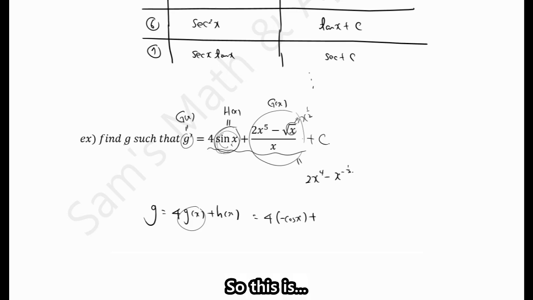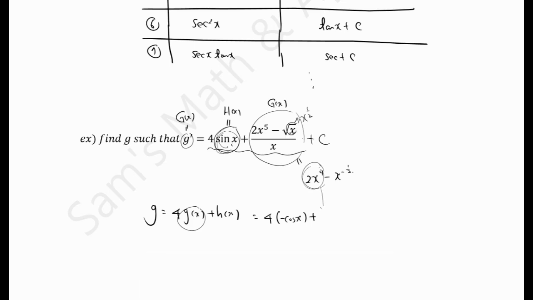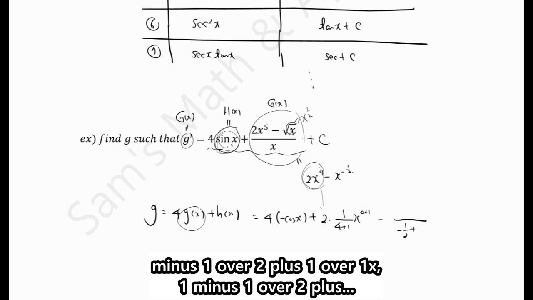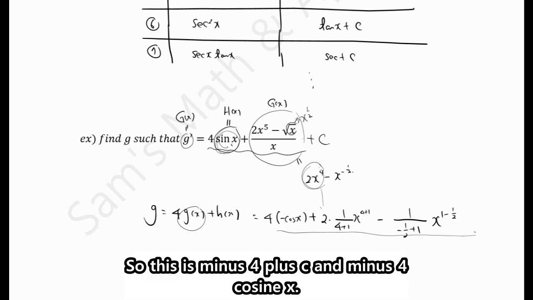So this is an antiderivative of some function. The function is 2x to the power of 4, multiply by 1 over 4 plus 1, x to the 4 plus 1, minus 1 over 1 over 2 plus 1, x to the 1 over 2 plus 1, plus this is the original function, so this is minus 4 cosine x plus c.